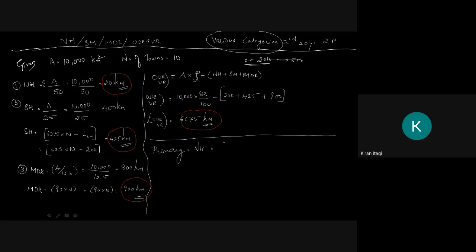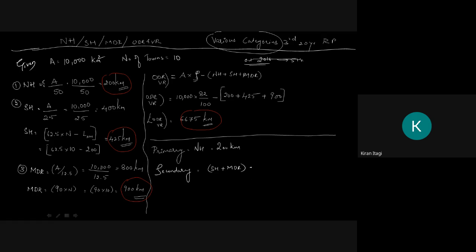What is the length of the national highway? Directly it is 200 kilometer. The second one is the secondary system. In secondary, what do we have? We have state highway plus major district road.